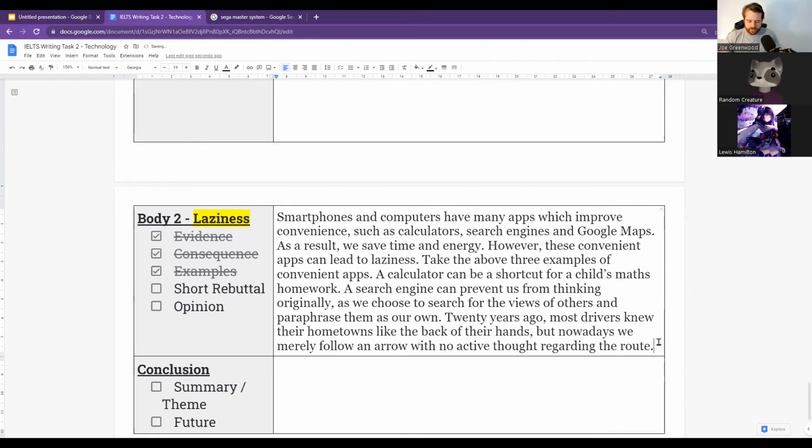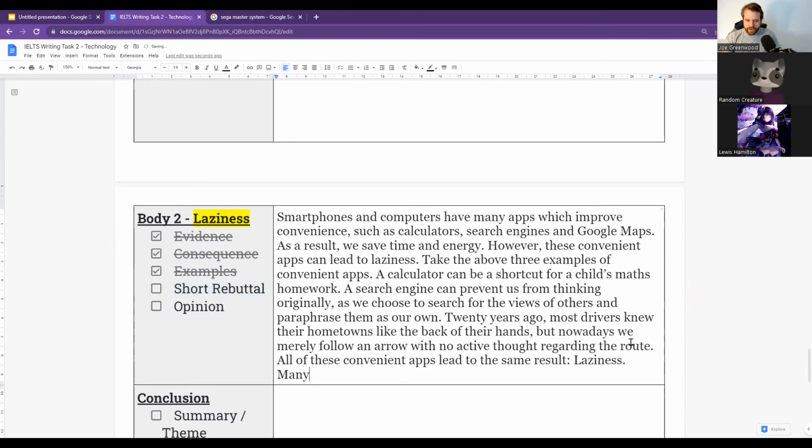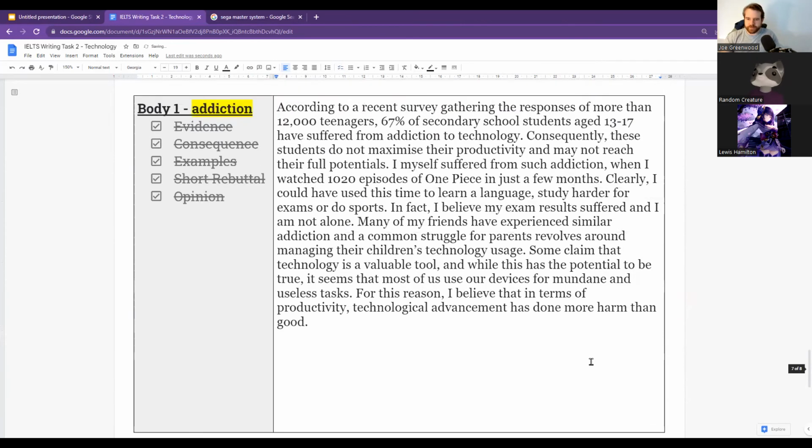All of these convenient apps lead to the same result: laziness. Now I want a rebuttal. I want to say something positive. Okay, many say, did I say many last time?